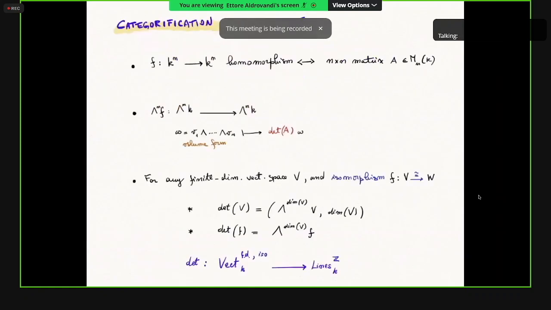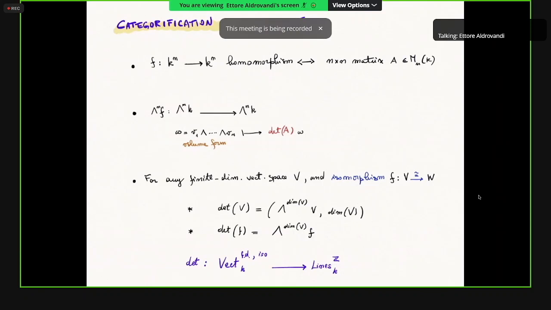Before we get into that, every time one mentions determinants, one of the questions is why are these things determinants in the first place? So let me just say a couple of words about the origin and the prototypical example, so to speak. If you have your favorite finite dimensional vector space over a field K, then a homomorphism can be represented, of course, by a square n by n matrix.